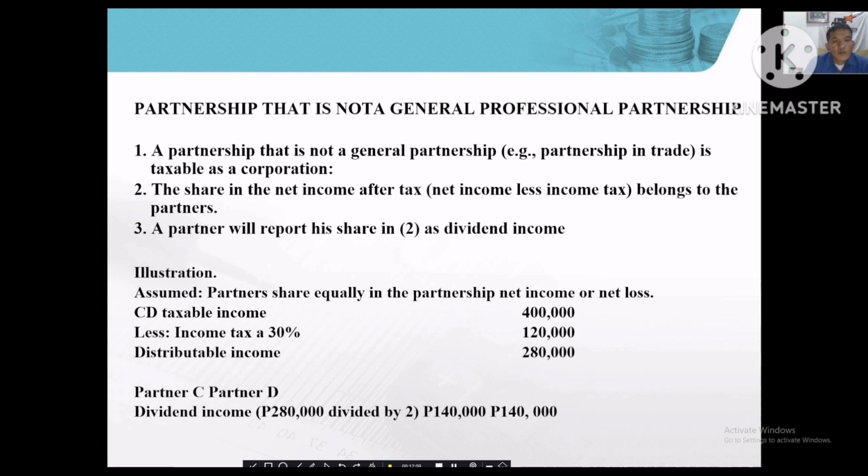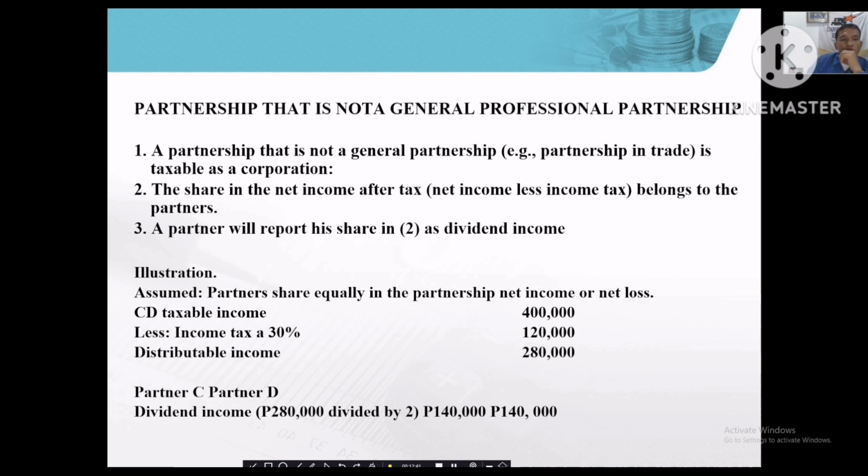Okay. Then, sa 400,000 na to, diba, sabi nga kanina sa TRAIN law is up to 400,000. Okay, diba, yung is at 30%, so 400,000 less income tax sa 30% equal to 120,000.